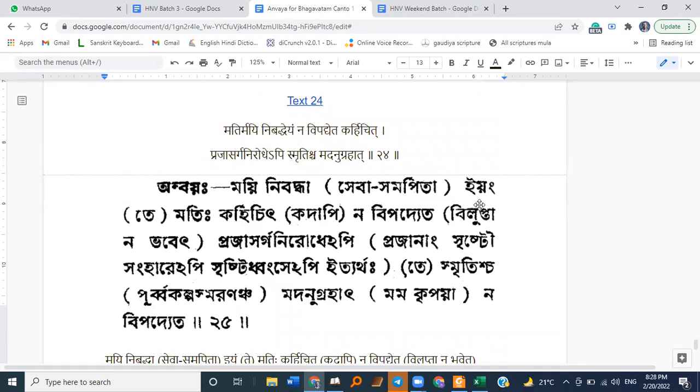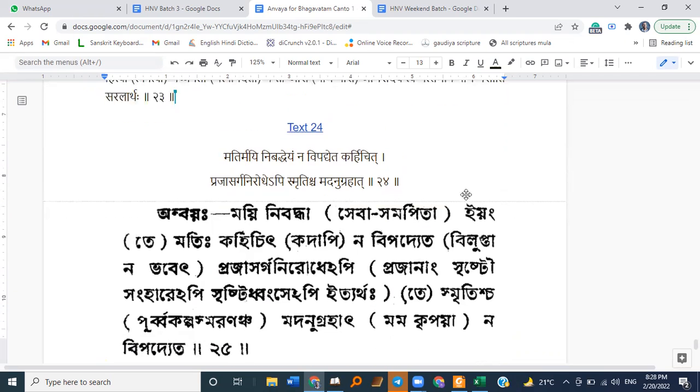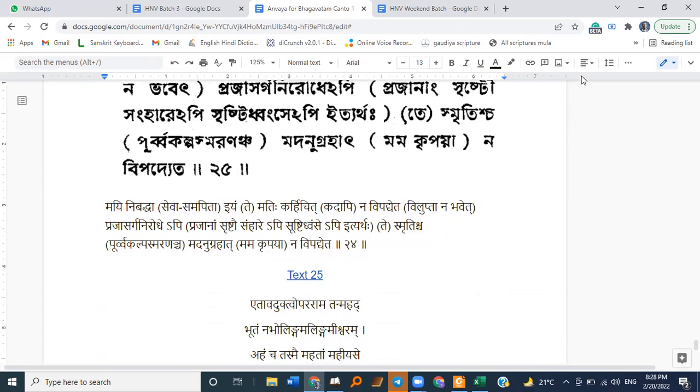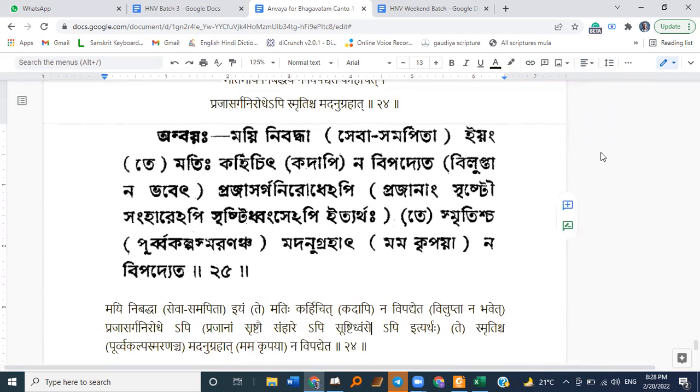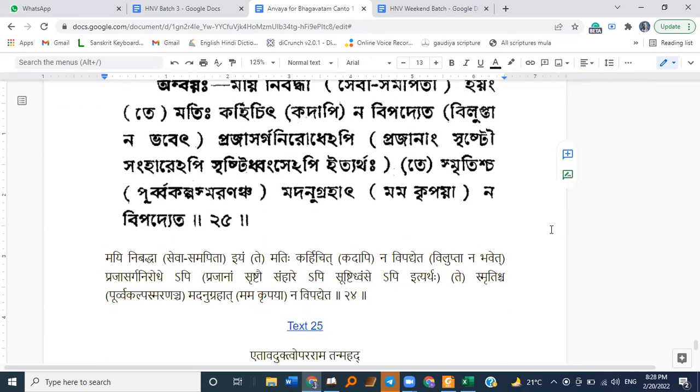Text 24. Matirmayi nibadhyayam na vipadyeta karhechit praja sarga nirodhepi smritischa madanugrahat. Mai nibadha seva samarpita, I believe.